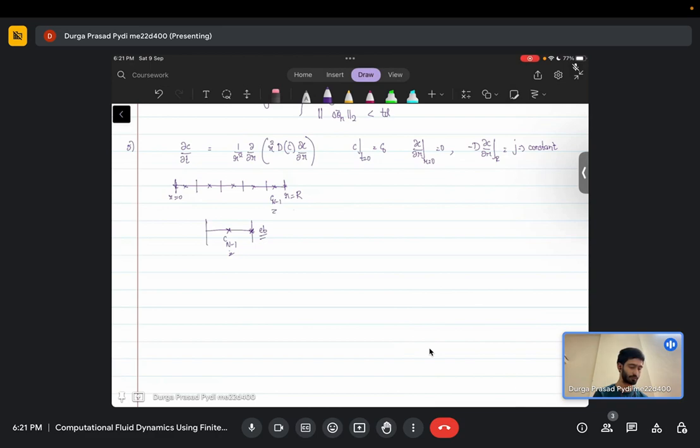This is one way of discretizing your domain. Now if you go in a different way, we can consider r equal to 0 and r equal to R as our nodes, and then we discretize the domain in this way.